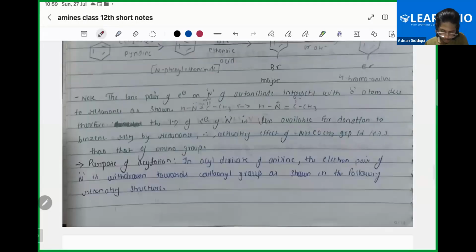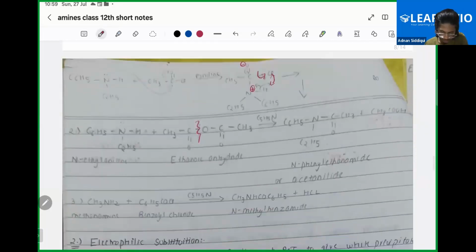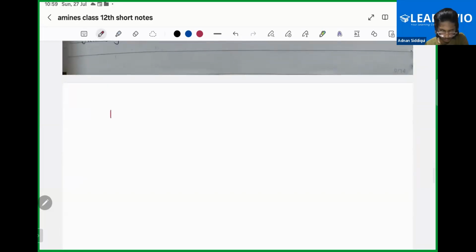Let us take an example. What is written over here? This is a 1 degree or 2 degree amine? 2 degree. Aromatic or aliphatic? Aliphatic. Why? We have a benzene ring, aromatic.